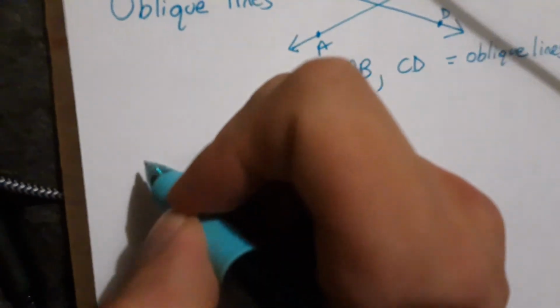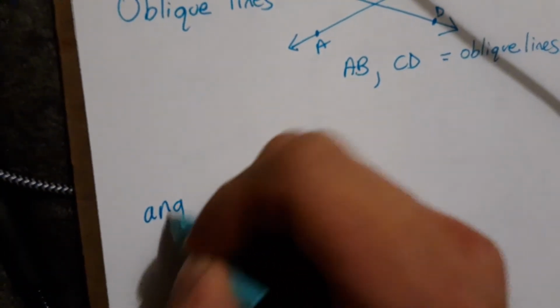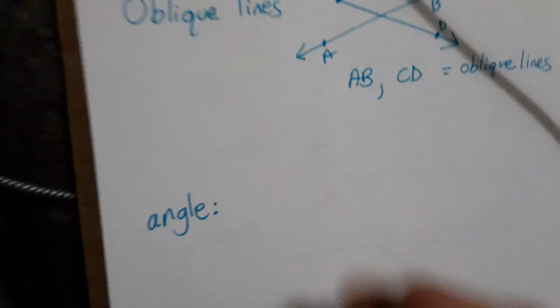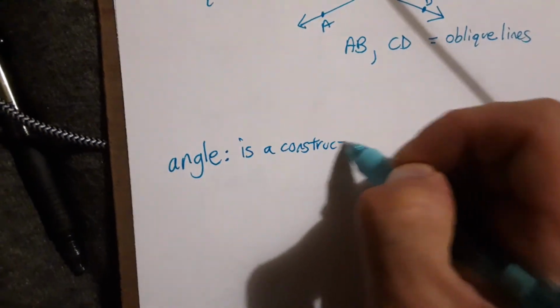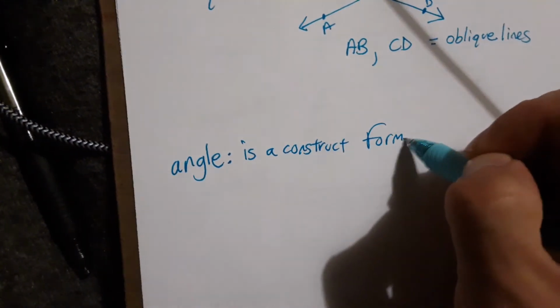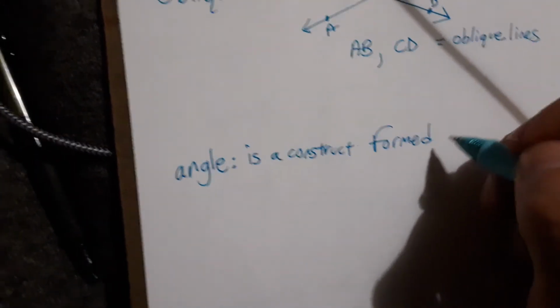Speaking of angles, let's go over the specific definition of an angle. Okay. An angle is a construct formed whenever 2 rays share a common endpoint.